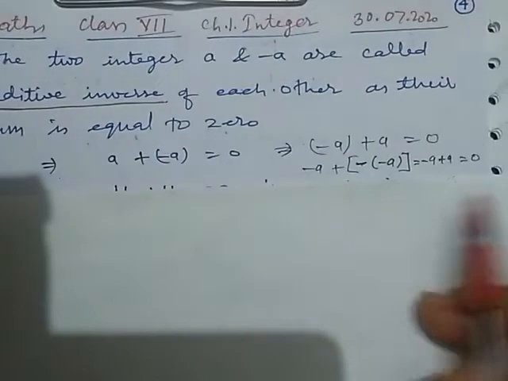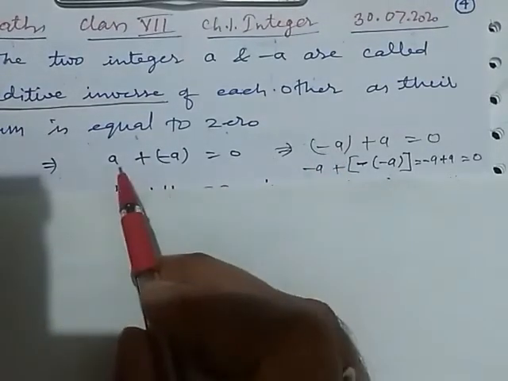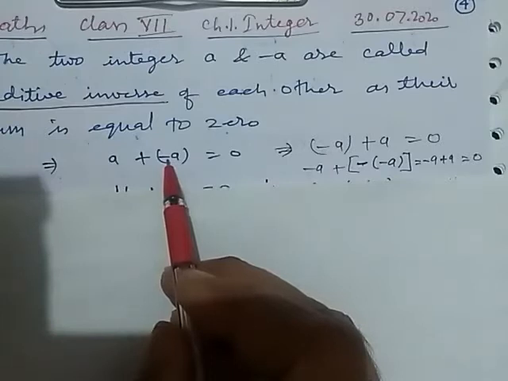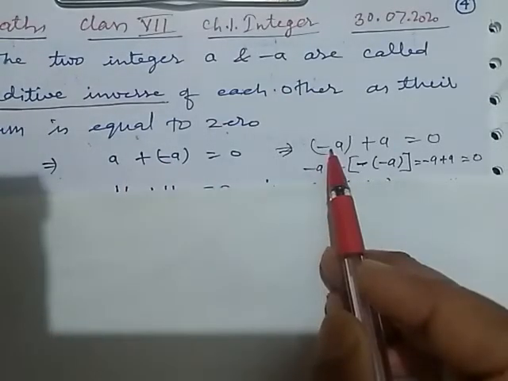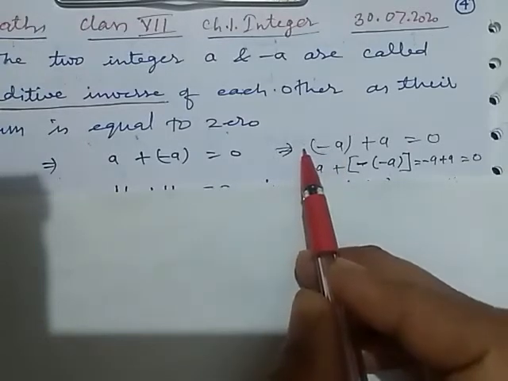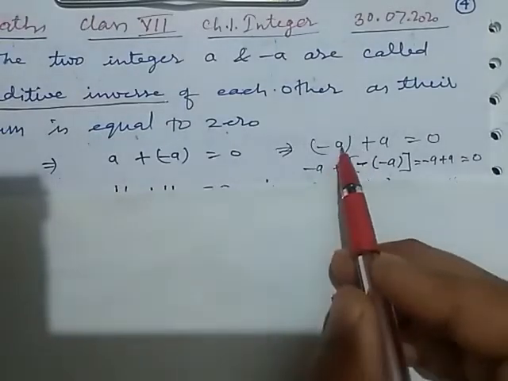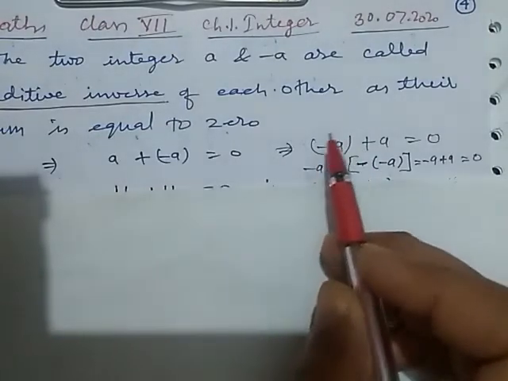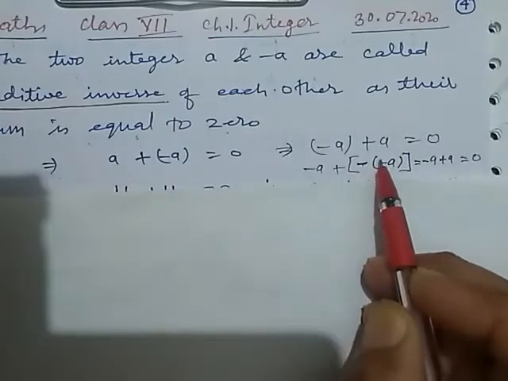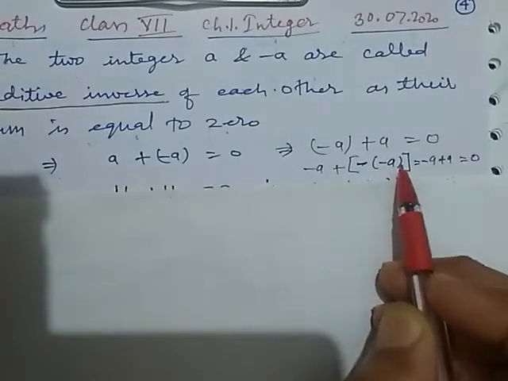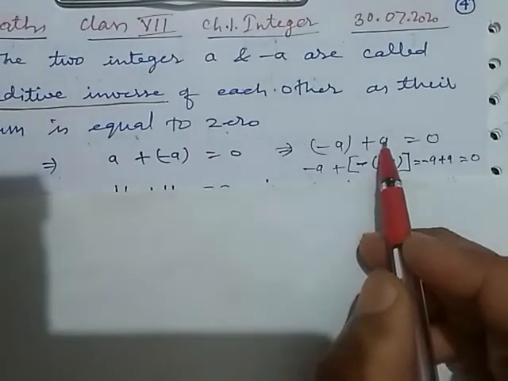Why? Here we check. Minus a, as we put minus with this a, here we also put a negative sign with this minus a. So we can write the negative of minus a, and minus into minus is plus.